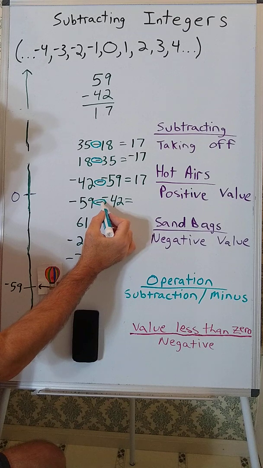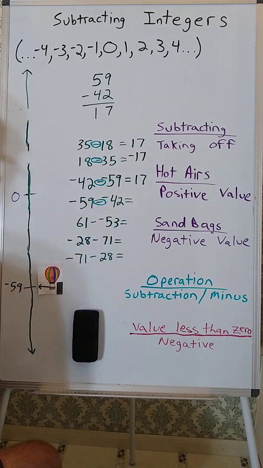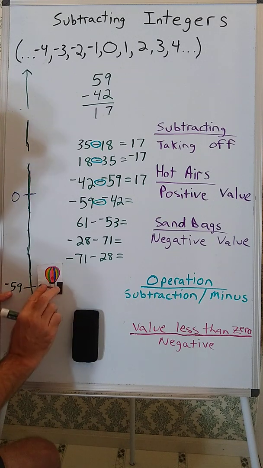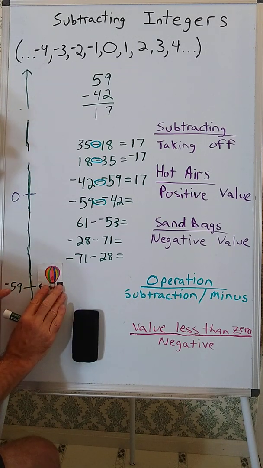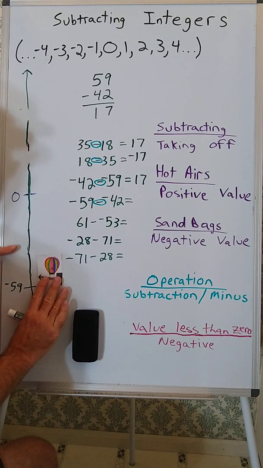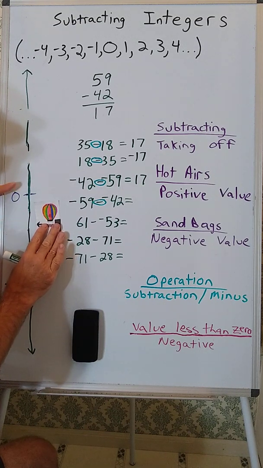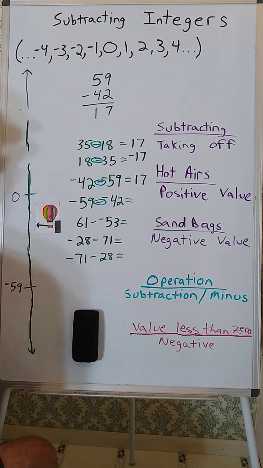What is the balloon going to do? It's going to go up 42. Right now it's 59 units below zero. The balloon's going to rise 42, which means it's going to get closer to zero, but it's not going to get to zero, so it's still going to be a negative number.